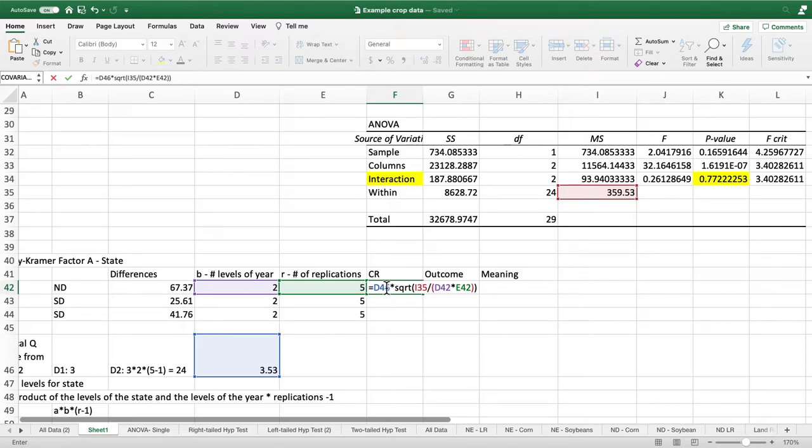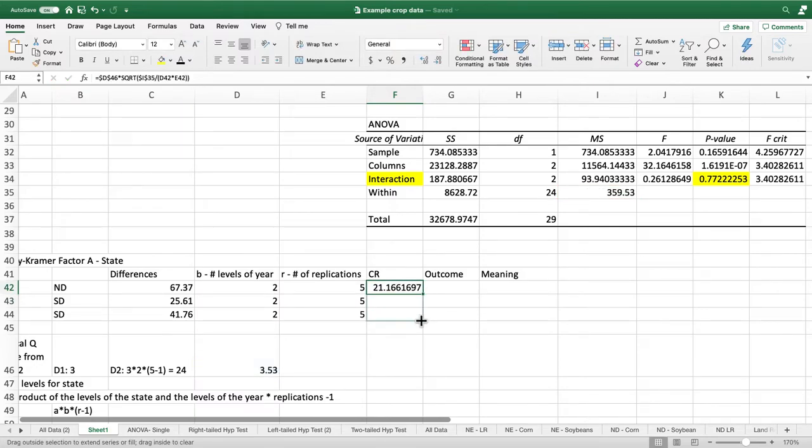And since we're going to use the fill down method, we want to absolute reference both D46 and I35. Hit enter, and we fill it down. Obviously, it's going to be the same because our levels are the same and our replications are the same for each year.